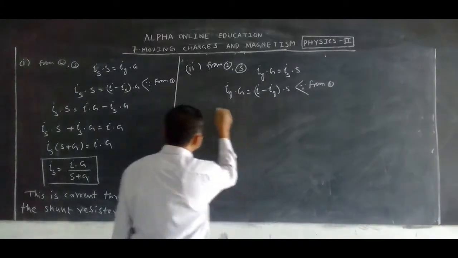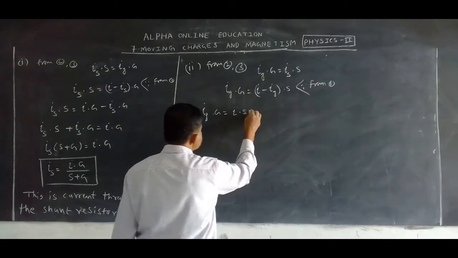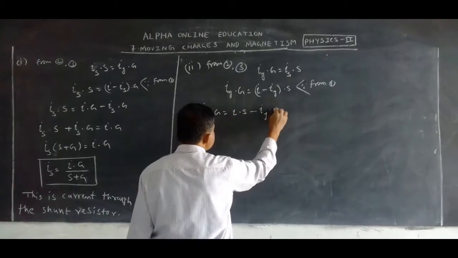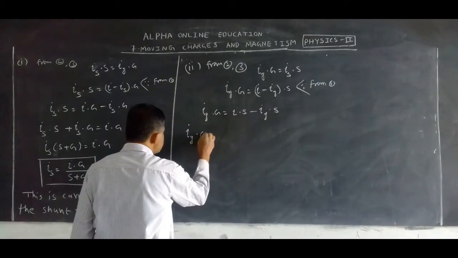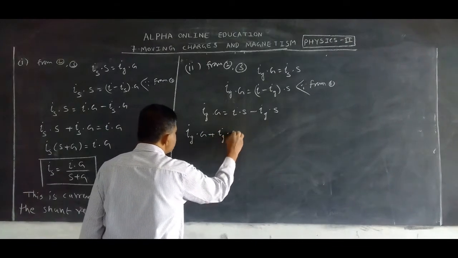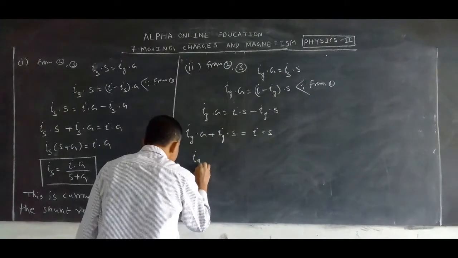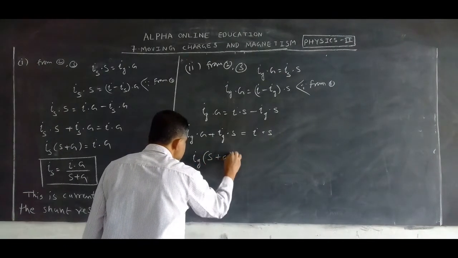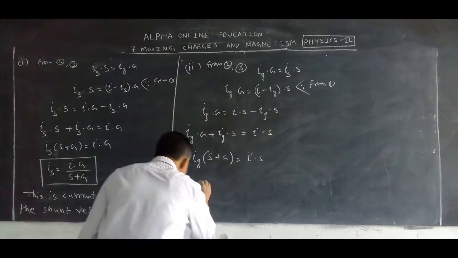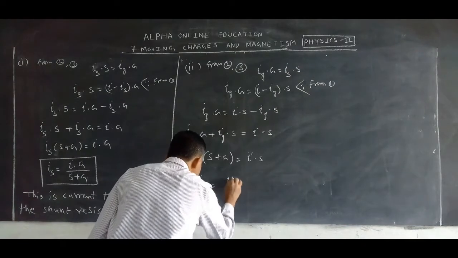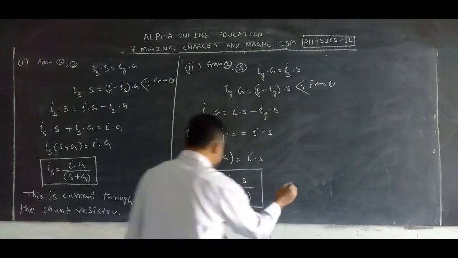So Ig G = I S - Ig S. Taking this to this side, Ig G + Ig S = I S. So Ig (S + G) = I S. Now Ig = I S by (S + G).